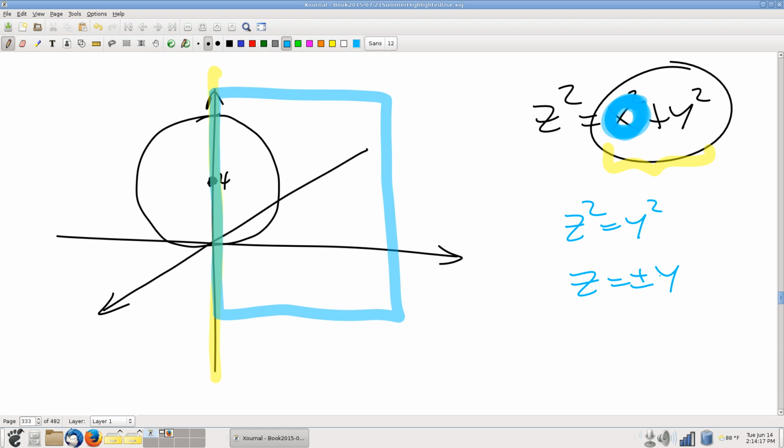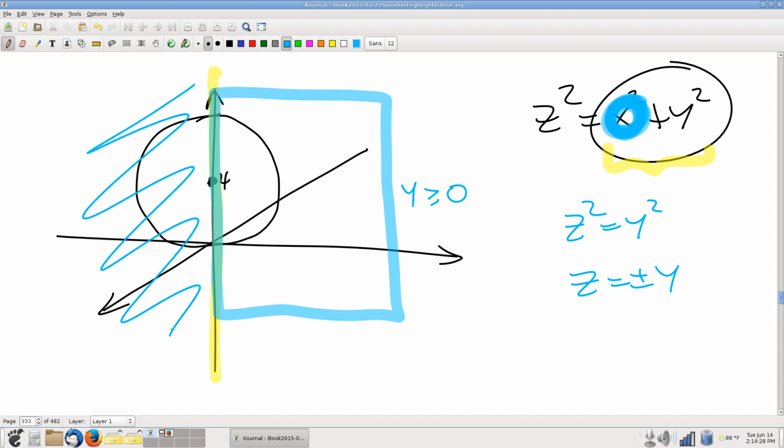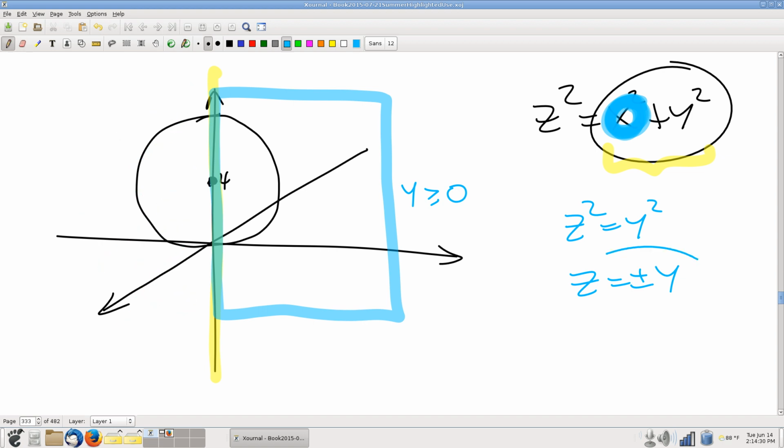And importantly now, keep in mind, we're only interested in the part where y is greater than or equal to 0. Right, so I don't have to worry about anything that's happening there. We're not interested in that at all. So z equals plus y would be that. Z equals minus y would be this.